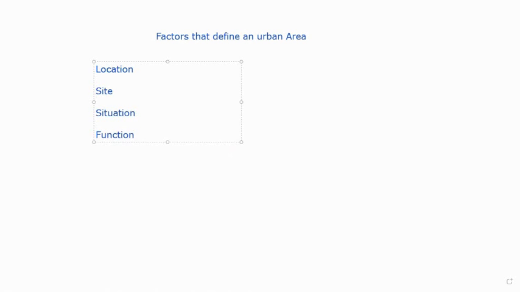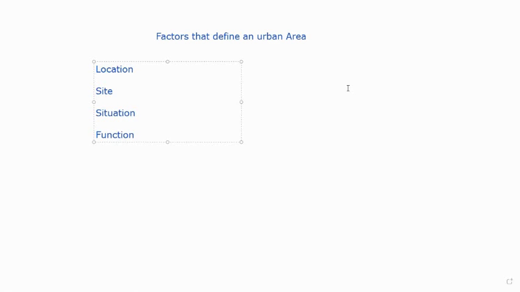And then for location, it can be near any transportation center like an airport. Nowadays they make airports or the railway station or any land transport like subway network or the bus rapid transit network.